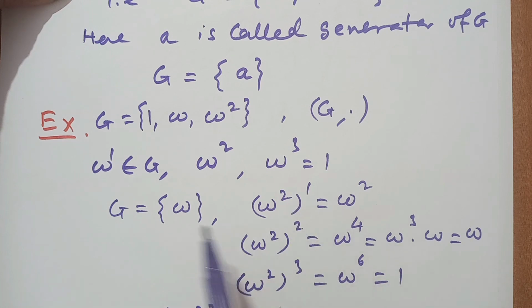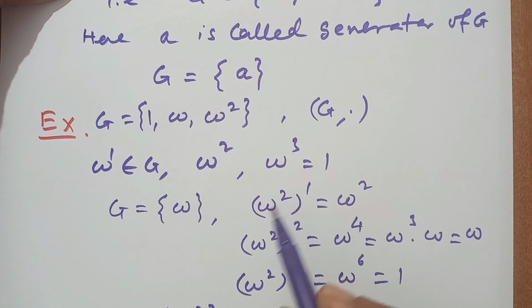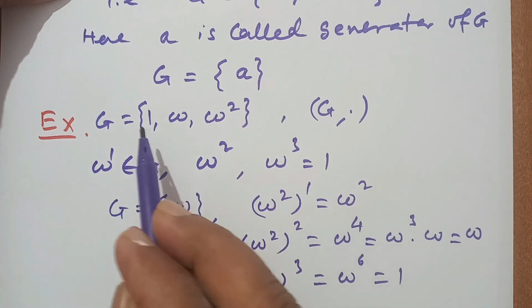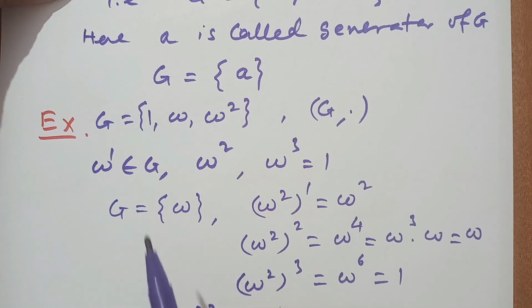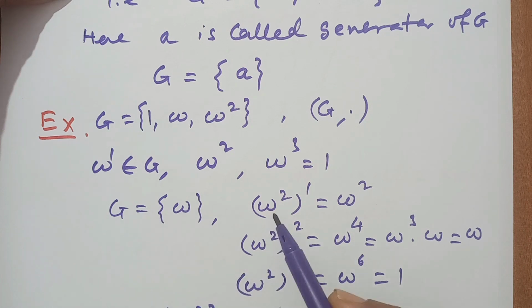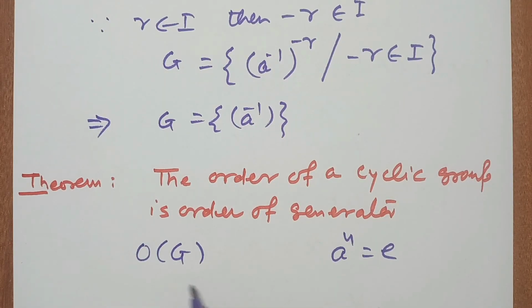So here the order of ω is 3, the order of ω² is 3, and the order of G is 3. It means in a cyclic group, the order of the group is the order of its generator.